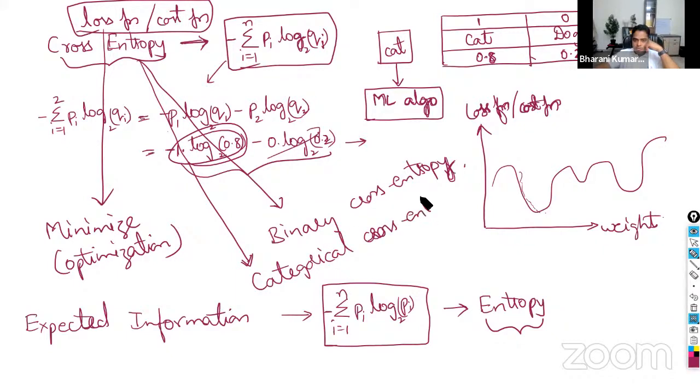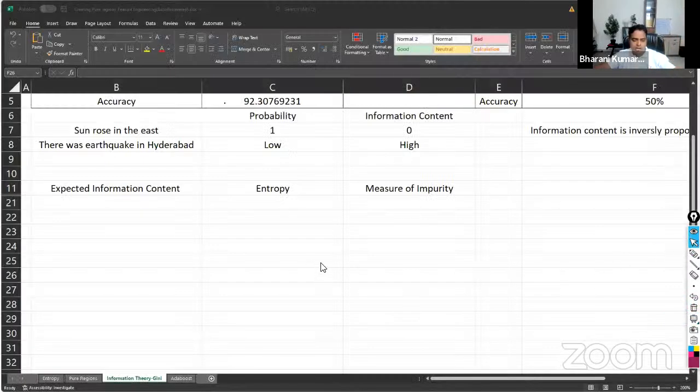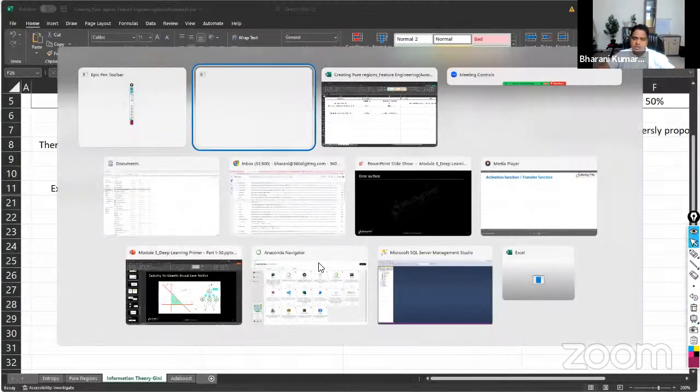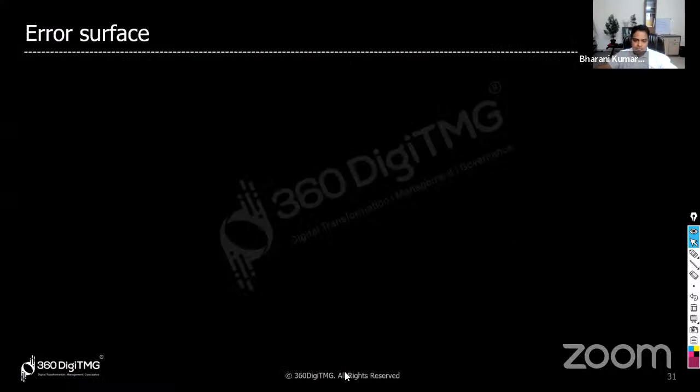Categorical cross entropy is used when you have multiple classes or multiple categories. Once again, this is also a loss function or a cost function. All you need to do is minimize these. Okay, this is a high level rationale, friends. In a detailed level, we didn't discuss, but this is a high level rationale on why we use loss function or cost function.